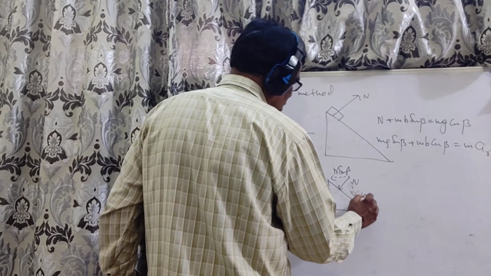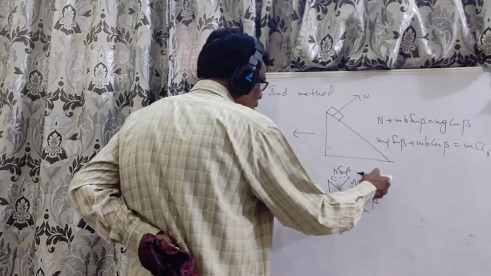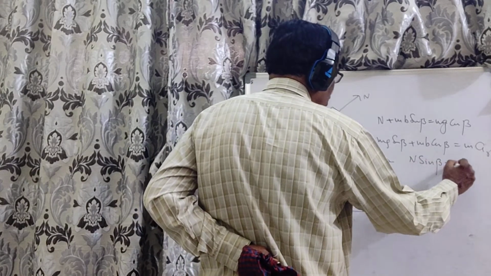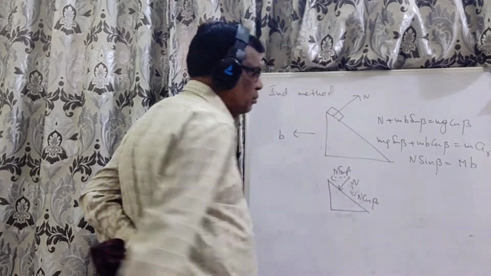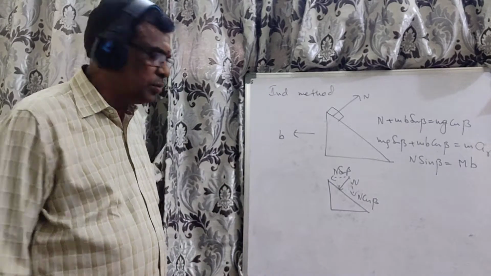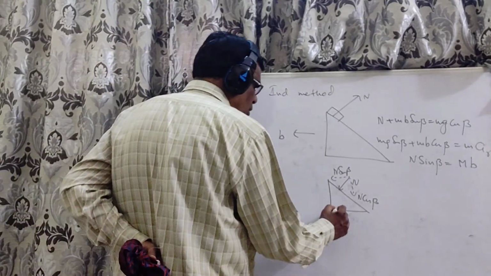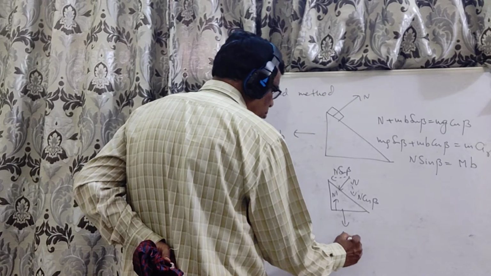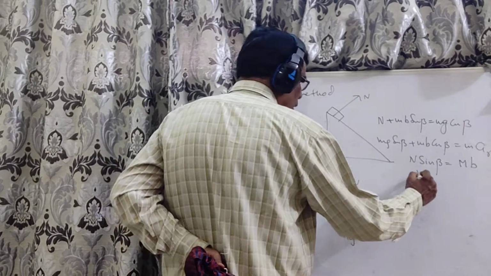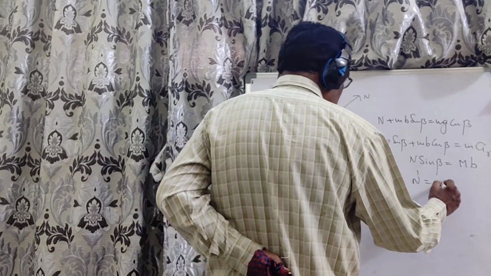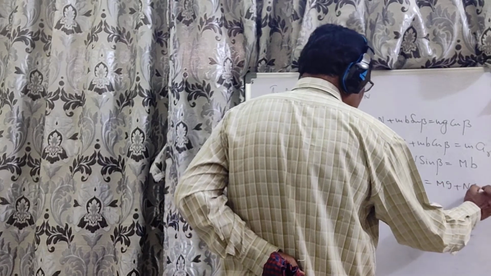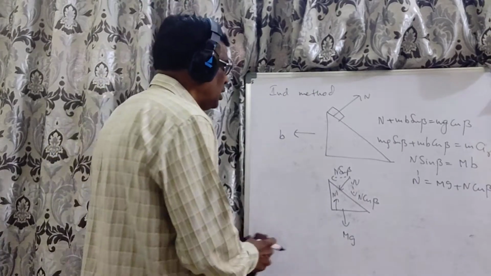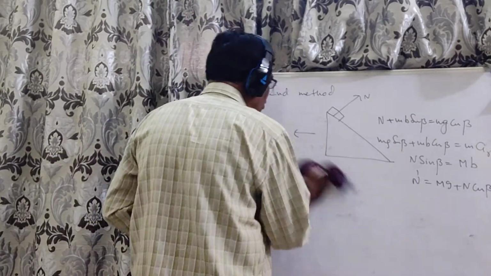This is N cos beta. So N sin beta, as before, is equal to capital M into B. And in this direction we have already put it there. The same thing, I need not repeat that. So N dash is equal to Mg plus N cos beta. So I have written down all the equations. Now you have to solve.